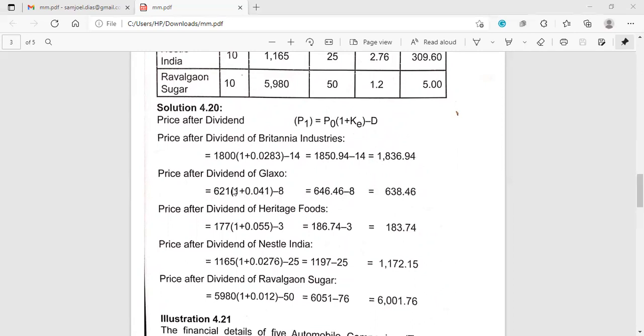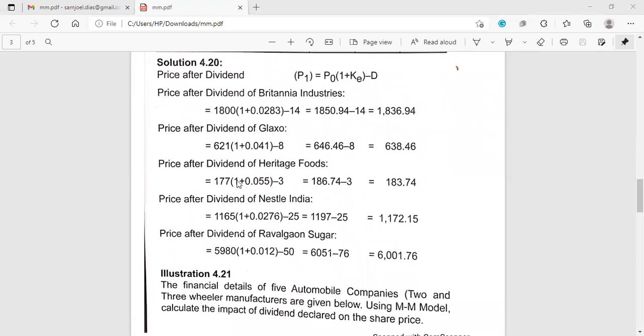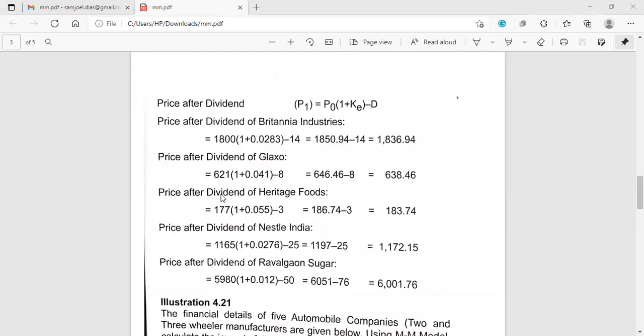Price after dividend of GlaxoSmithKline: before declaring dividend 621, and after declaration of dividend it is 638.46. Price after dividend of Heritage Foods is 183, but before it was 177. Price after dividend of Nestle India is 1172.15. Before it was 1165. Then price after dividend of Ravalgaon Sugar is 6001.76. Before it was 5980. So this is about the solution.